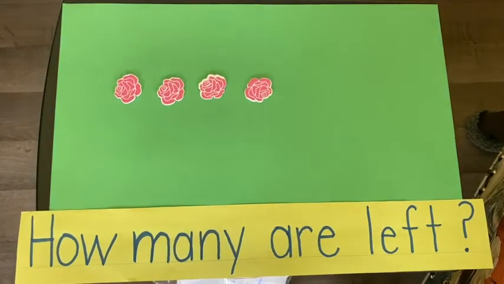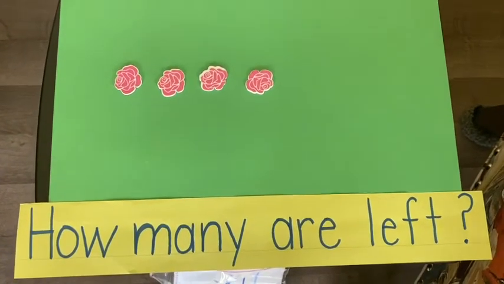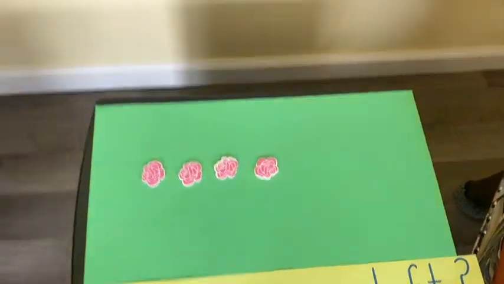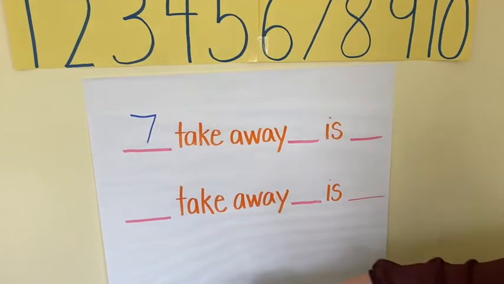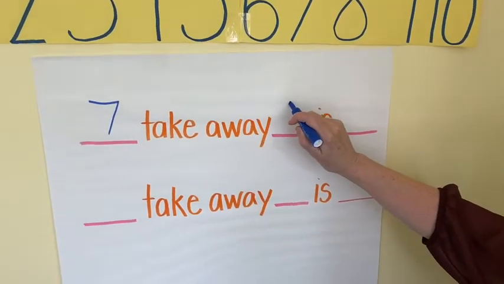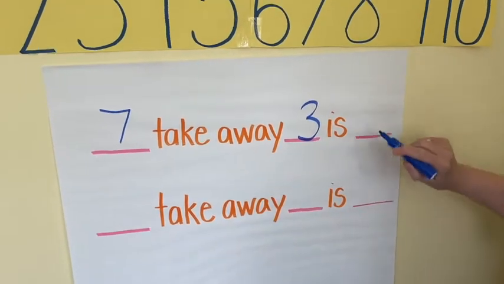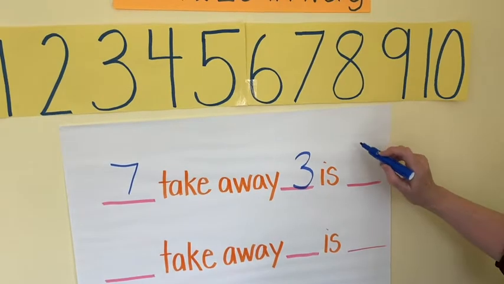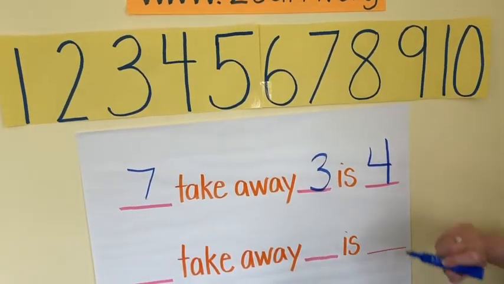What's going to happen right now is we're going to take this story and put it to paper. So I would have 7 flowers, 7, take away 3 flowers, blew away. And how many did I have left? If you remember, it was 1, 2, 3, 4. 4 flowers were left.